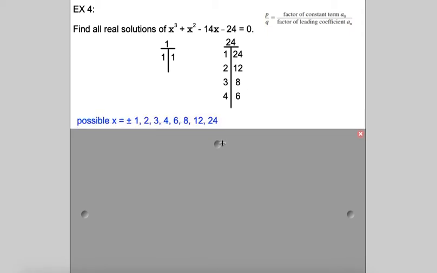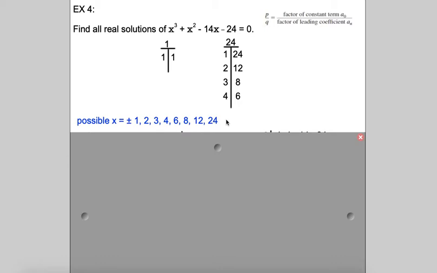So what happens is we create this list of possible x values or possible zeros. So all the factors of the last over all the factors of the first. Now, I did put a positive and negative in front, and theoretically it's all of them. They're all positive or negative because I don't know what the answers are.